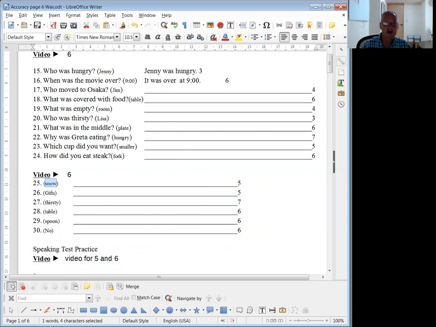What was it covered with? (26) Where did you move to? (27) Why was Jake drinking? I'll give you a hint. In this one, you must use the word because.